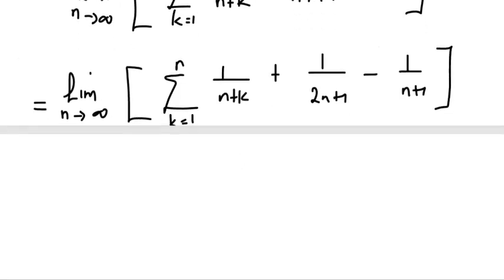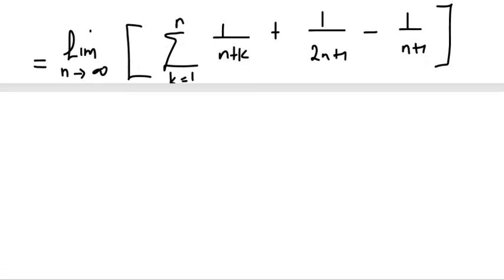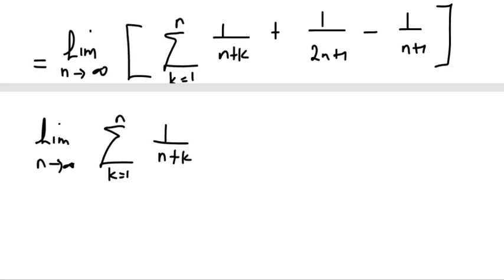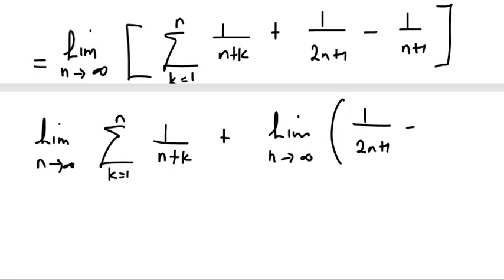Now we can take the limits separately. So here we have the limit as n is approaching infinity of the sum as k goes from 1 to n of 1 divided by n plus k, and then plus the limit as n is approaching infinity of 1 divided by 2n plus 1 minus 1 over n plus 1.